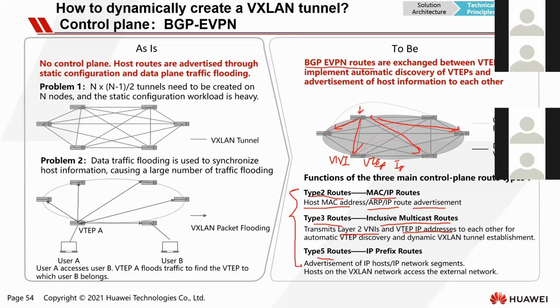So once the device receives this information, it will automatically create the tunnel in between. Now you don't need to configure manually; everything will be done automatically using the BGP EVPN routes.